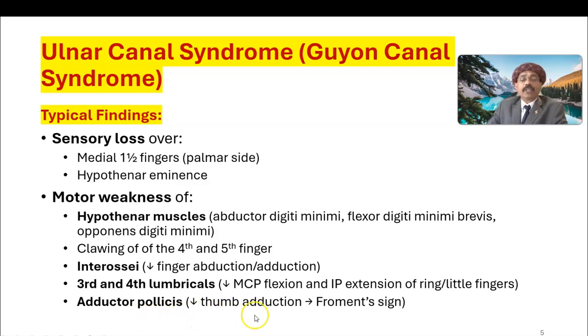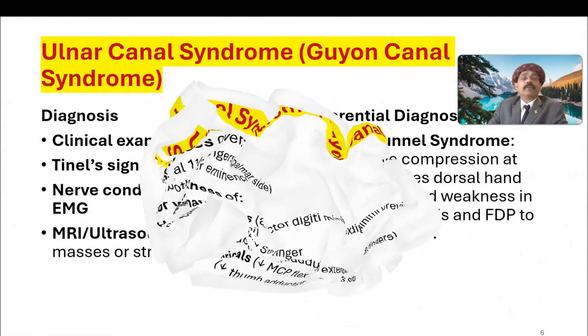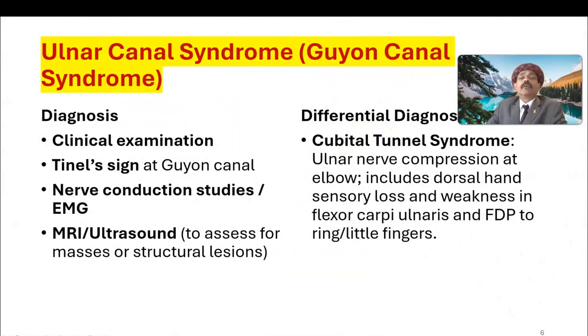Adductor pollicis: decreased thumb adduction, Froment sign. So these are the typical findings in ulnar canal syndrome or Guyon canal syndrome.